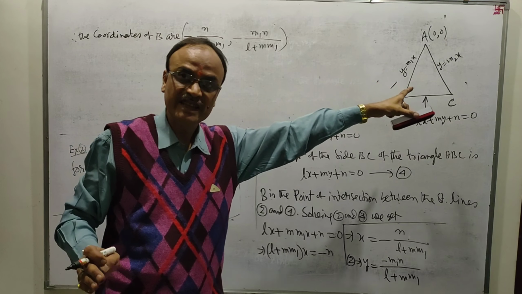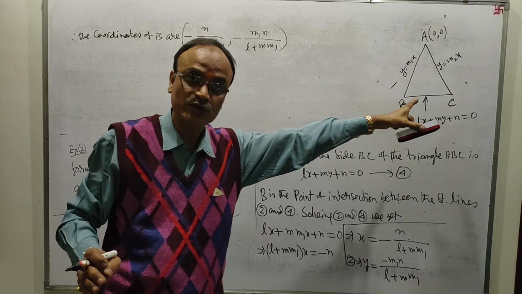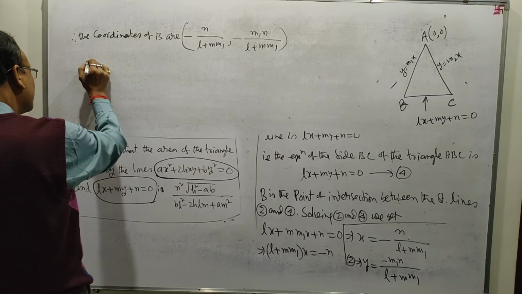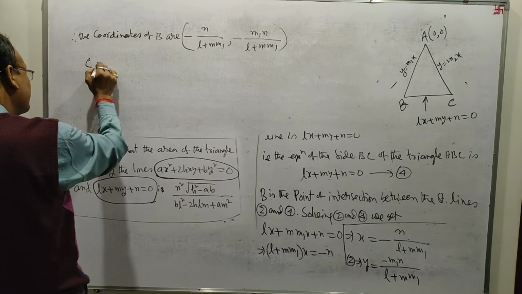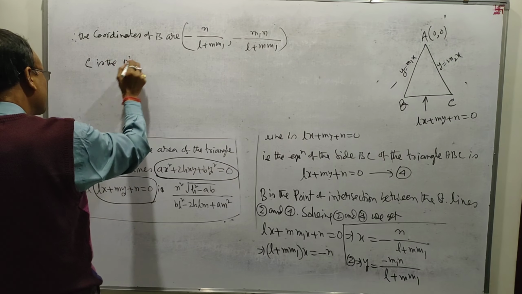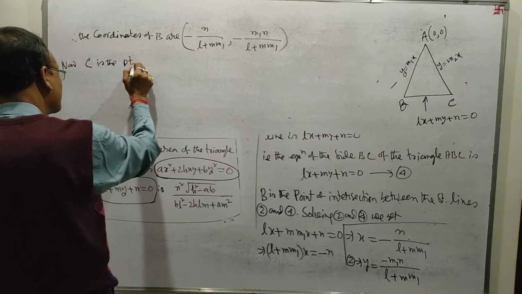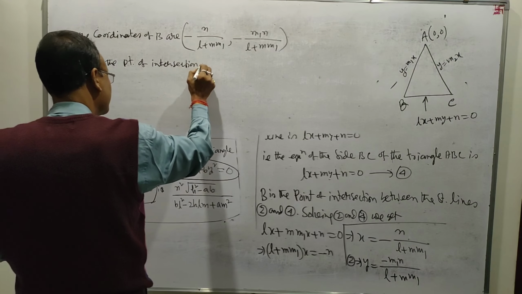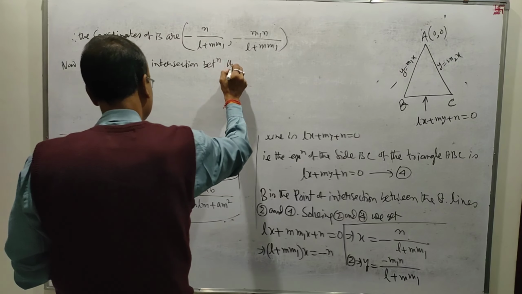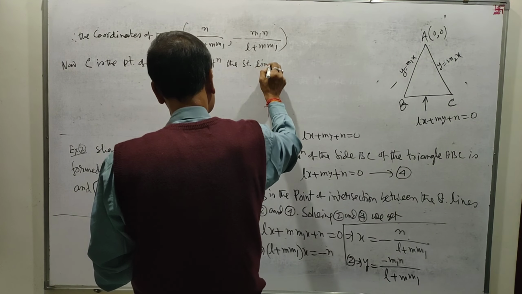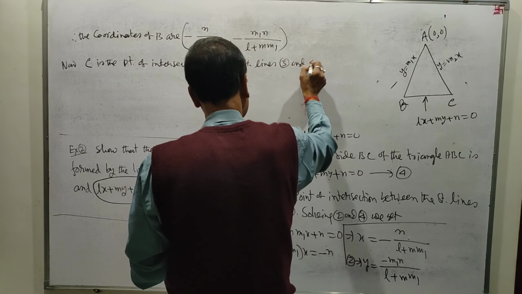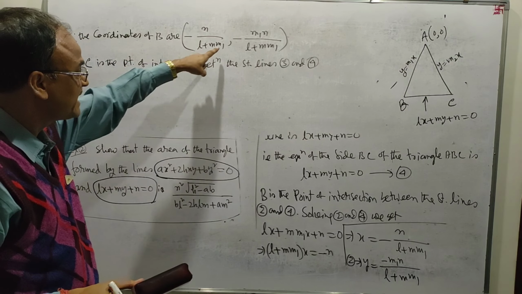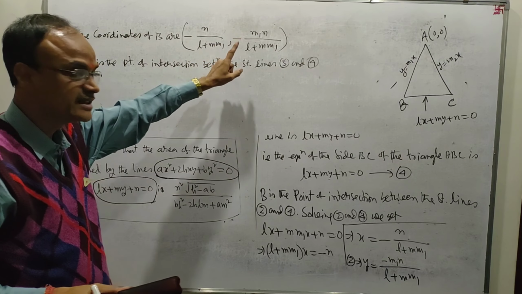Similarly, C is the point of intersection between the straight lines 3 and 4. Therefore, the coordinates of C will be obtained by replacing m1 by m2 here.